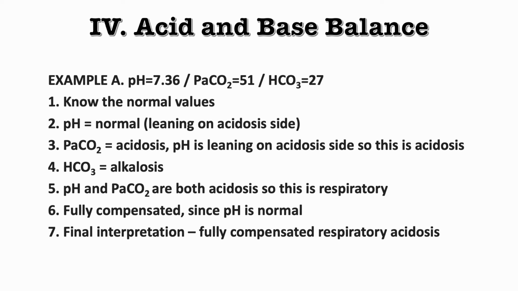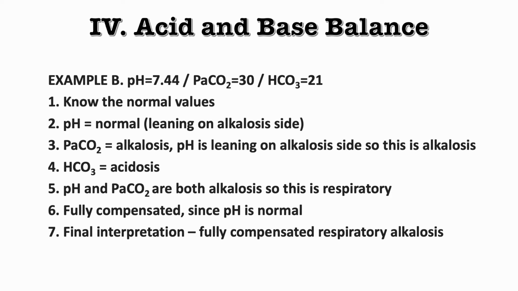Step 5, pH and PCO2 are both acidosis, which means your interpretation is respiratory. Number 6, this is fully compensated. Why? pH is normal. 7, final interpretation, fully compensated respiratory acidosis.